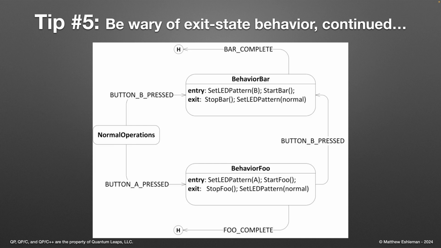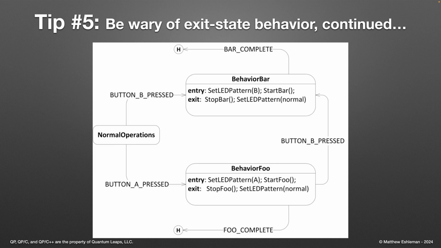But you'll notice we have this button B pressed behavior where we transition directly from foo to bar. If we understand all the transitions that are going to happen, we've entered behavior foo, we set pattern A, and then we exit and we set LED pattern normal. Now, we don't know what's happening here. Maybe that LED pattern normal is applied instantaneously.